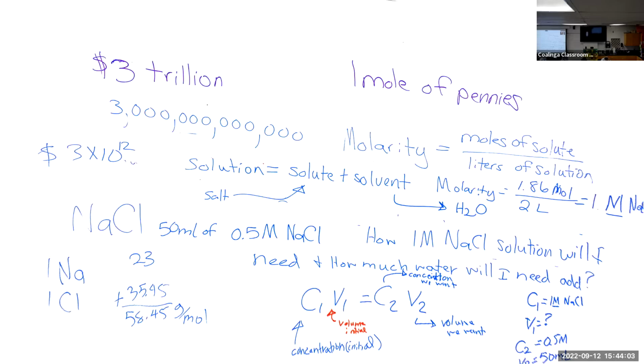I have milliliters, so I should probably change those to liters. But if I pay attention to what I'm doing, my units are going to cancel out when I solve for my volume, because if I switch this around, I'll be able to solve for my V1.